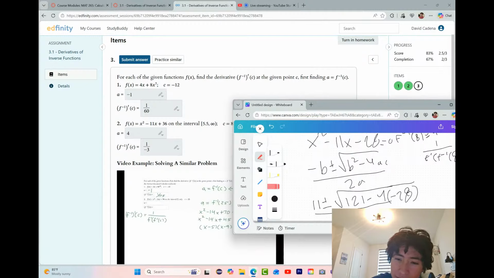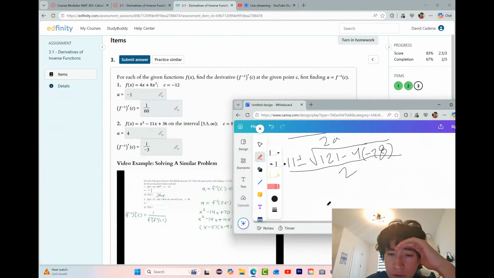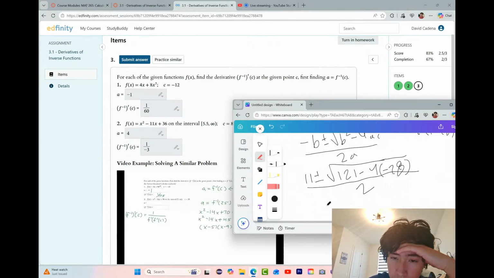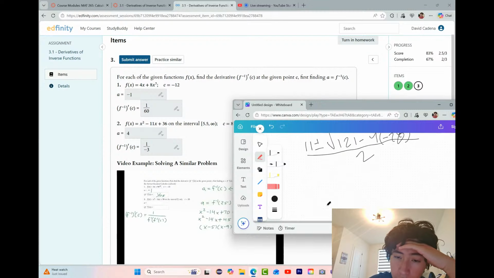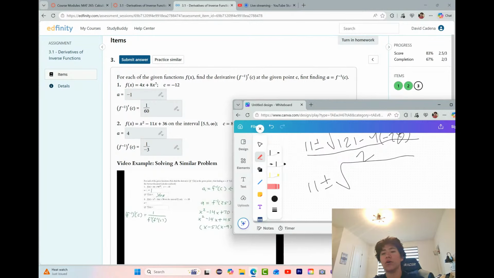Yeah, over 2. 11 plus or minus 4 times negative 28. All right, so 10 times negative 28 is negative 280. Sorry, negative 4. So 280, 140, 112. 121 plus 112 over 2.